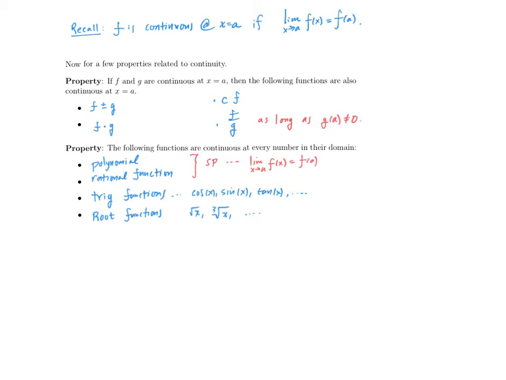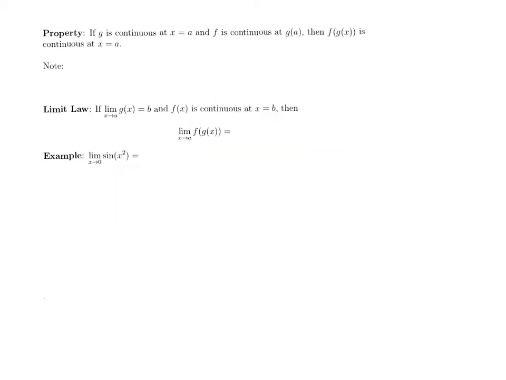And it also turns out that there are more ways we could think about combining functions together. Another such way would be a composition. And that leads us to our final property before introducing a new limit law: if g is continuous at x equals a, and f is continuous at g of a, then f of g of x is continuous at x equals a.